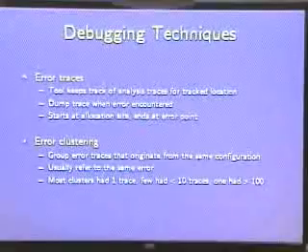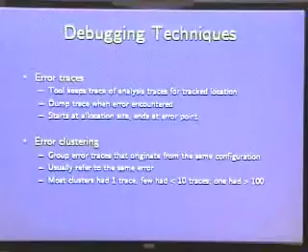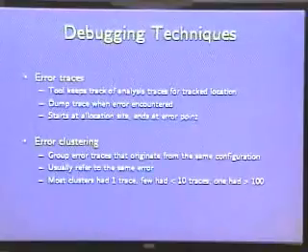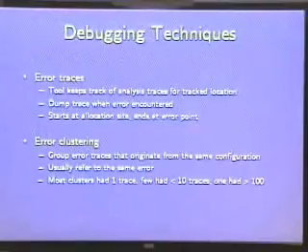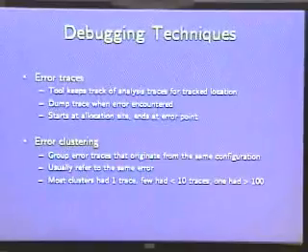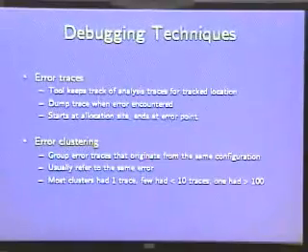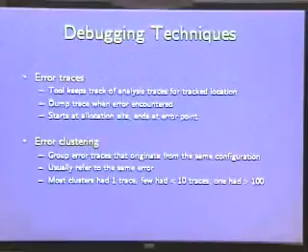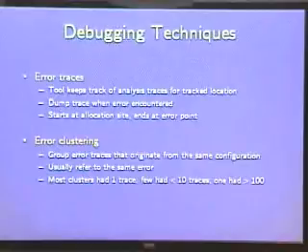We found it quite useful to keep track of error traces. Whenever we encounter an error, we actually print out the trace from the allocation site to the point that caused the error. And this makes it quite easy to determine what was the cause and inspect what the bug was. So this was a very useful thing for debugging.